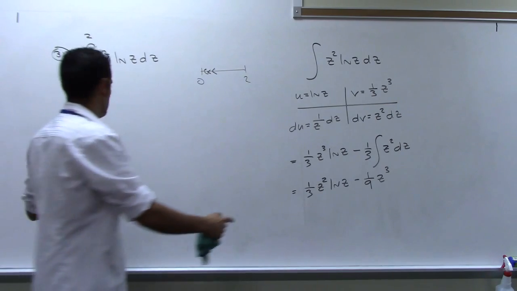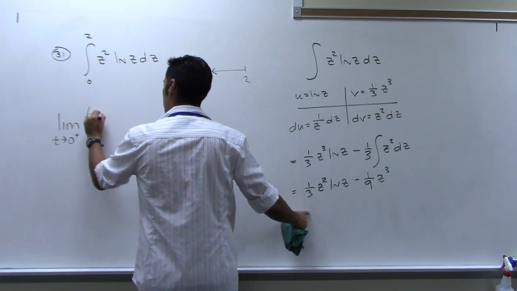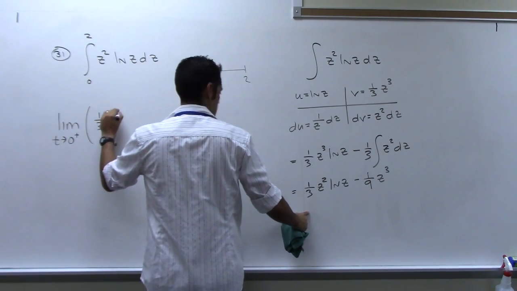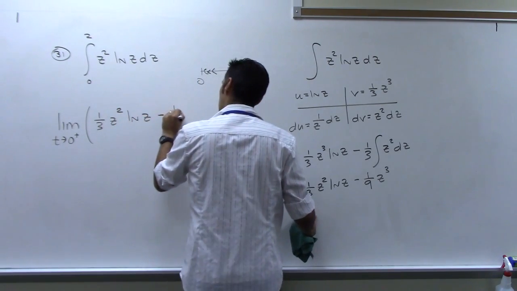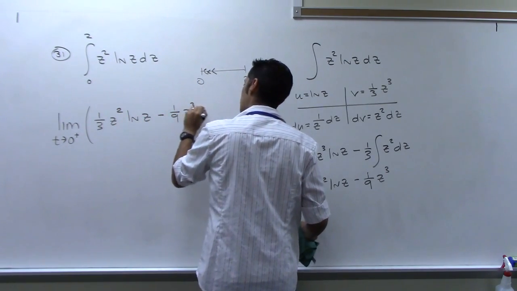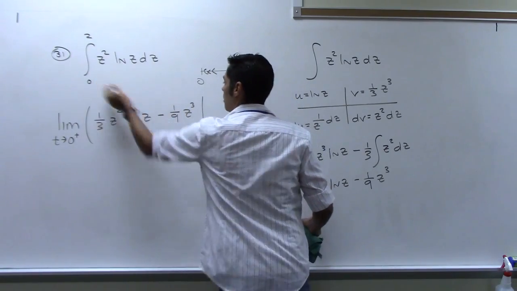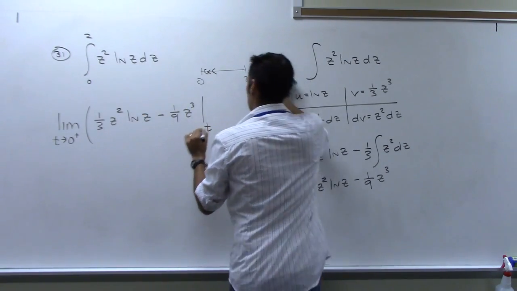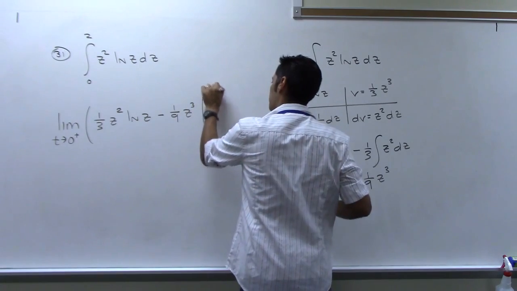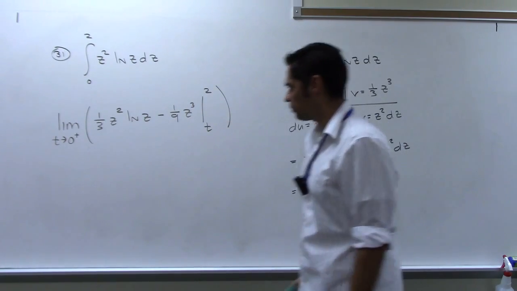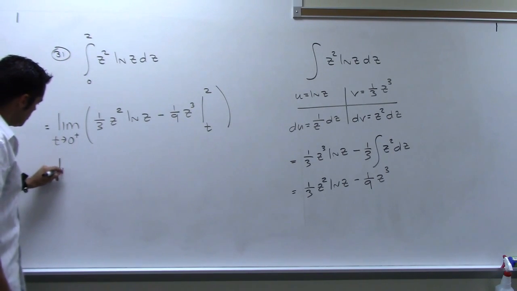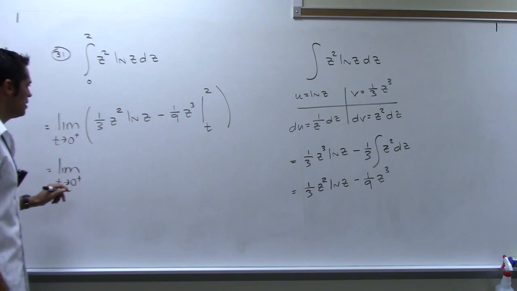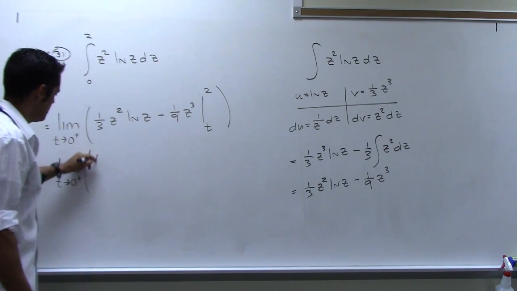So antiderivative is 1/3 z squared natural log z minus 1/9 z cubed, evaluated. The bottom one was 0, but that's my t, up to 2. So this is equal to the limit, t goes to 0 from the right, and now I have two pieces.